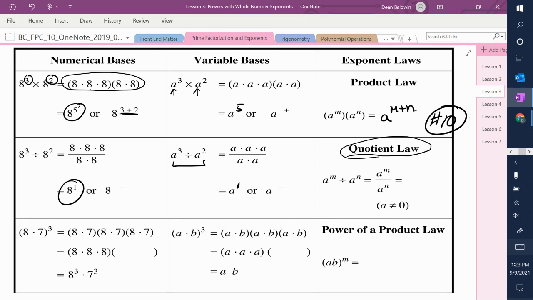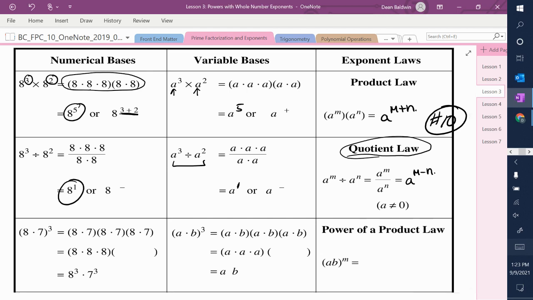So the mathematical formula, or the law, would be a to the m divided by a to the n, which is a^m over a^n, is a to the m minus n. The top exponent minus the bottom exponent, or the left exponent minus the right exponent.